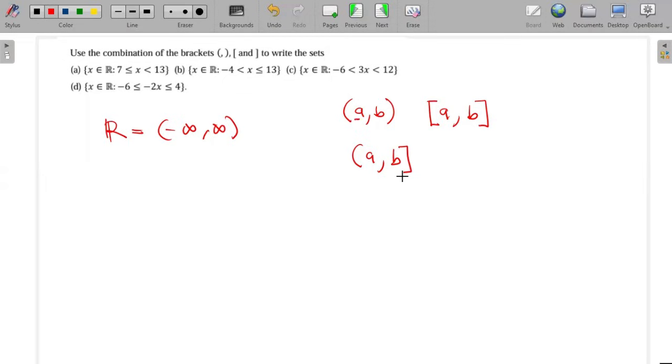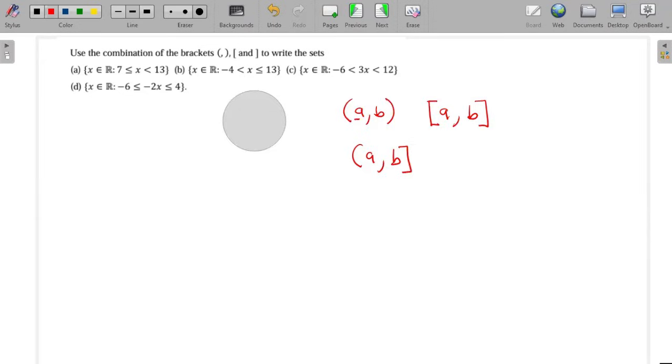So the set interval notation will give you your starting point and your end point, and these brackets will help you identify whether that number is part of your set or not. That's what the set interval notation will be doing.